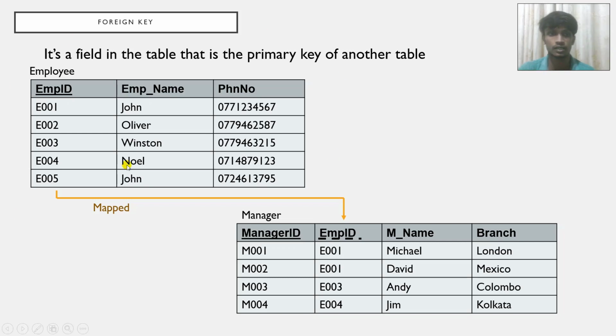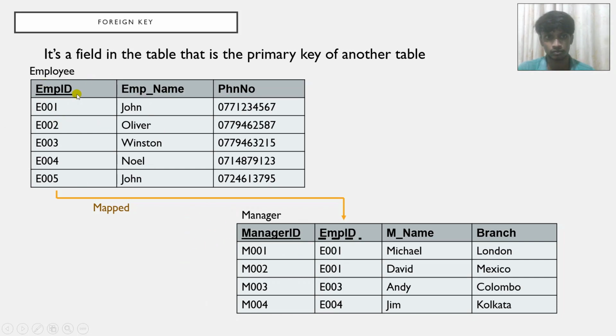Okay, so here I have given some examples. Imagine this is our first table, which is the employee table, and this is the second table, which is the manager table. The employee table has employee ID, employee name and phone number as its attributes, and manager ID, employee ID, M name and branch are the attributes of the manager entity or manager relation.